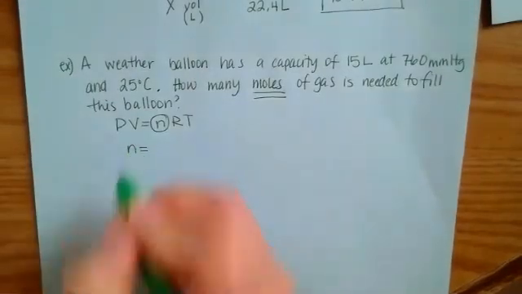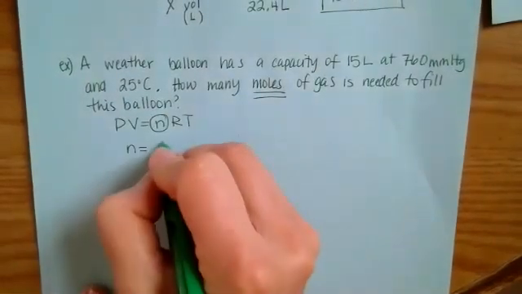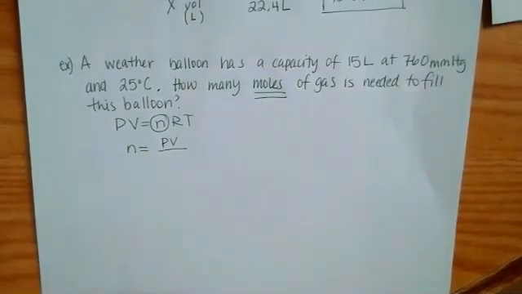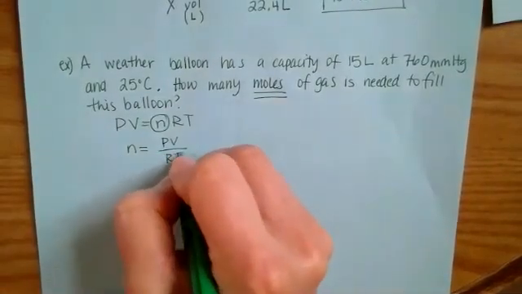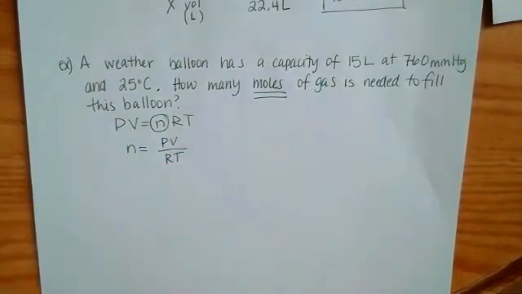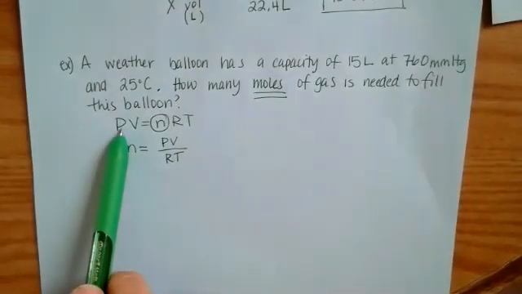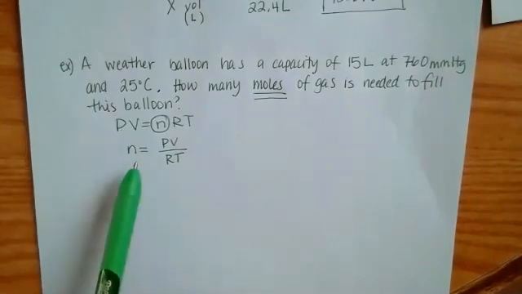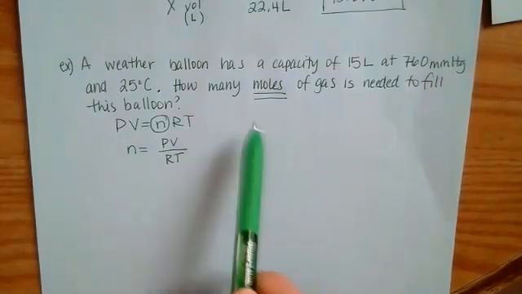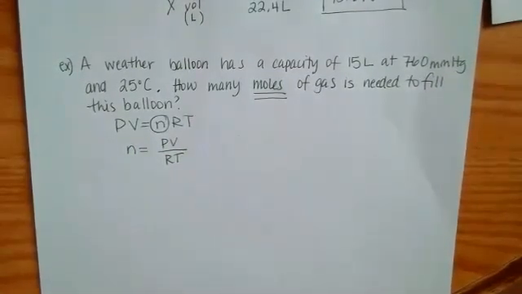So I can set up for n. If you would like to set it up before you put the values in, you may do that, or you can just put your values in. For the exam, you're going to be expected to write out the equation that you're using to solve it, show the work with the values, and then give me the final answer. That's my expectation.